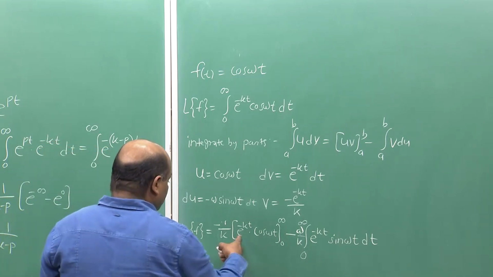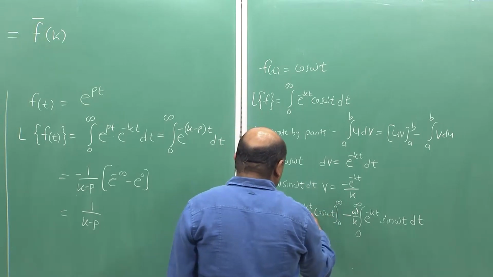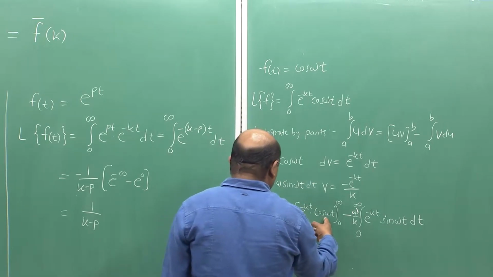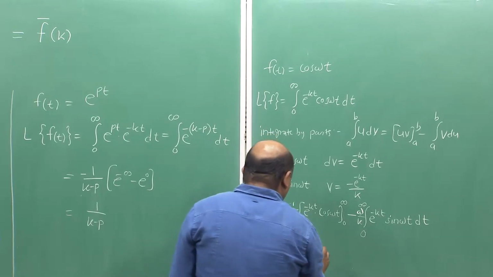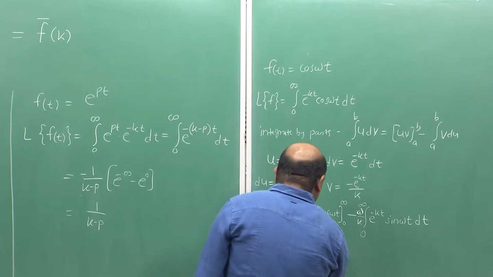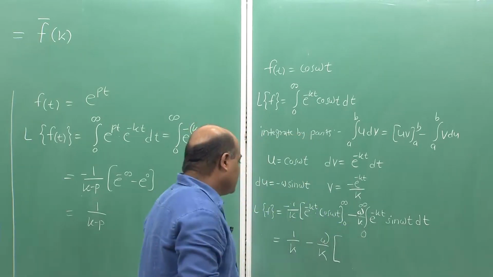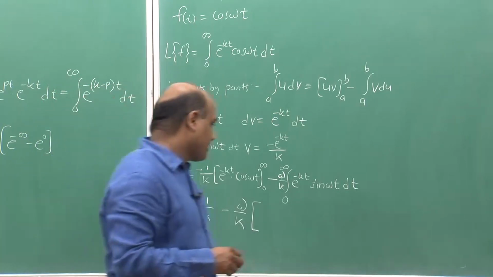So, e to power minus infinity is 0 and e to power 0 is 1 and cos 0 is also 1. So, this becomes 0 minus 1 is minus 1. So, 1 by k minus omega by k. Now, again we integrate this also by parts.